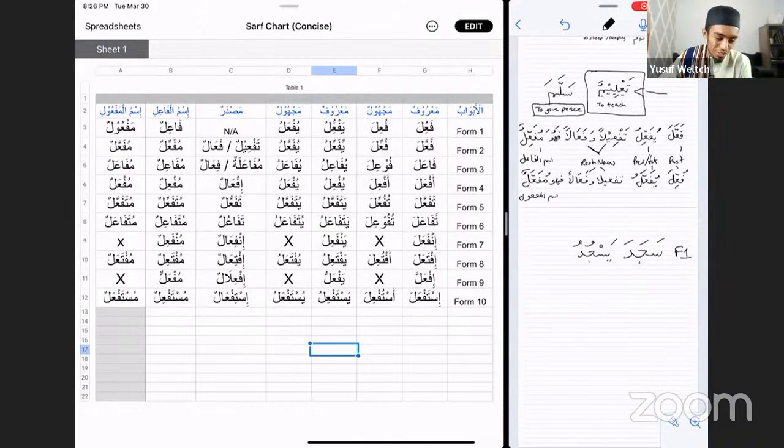The first three are ya, then there are two ta, then a ya, then everything else is ta. So yasjudu. Can I restart? Yeah, sure. Yasjudu, yasjudani, yasjuduna. Tasjudu, tasjudani, yasjudna. Yasjuduna, yasjudina. Tasjudu. It goes back to ta.